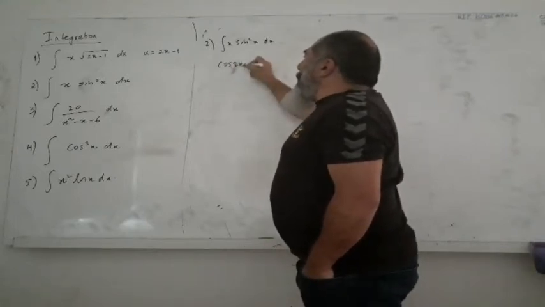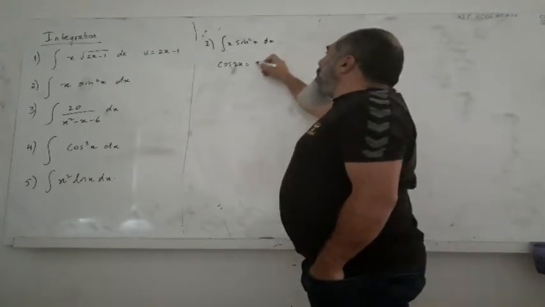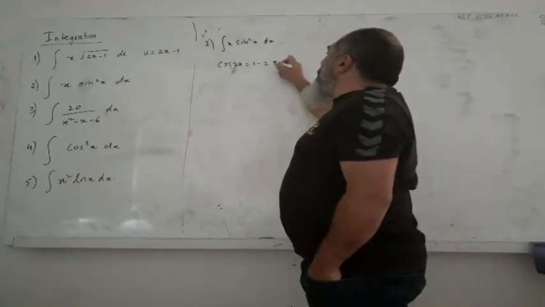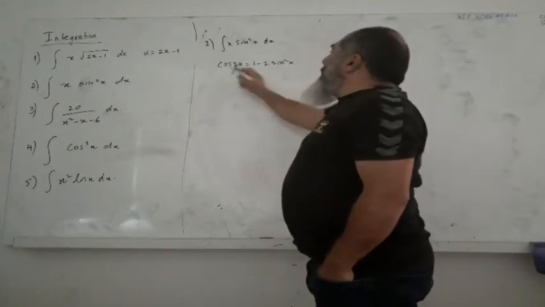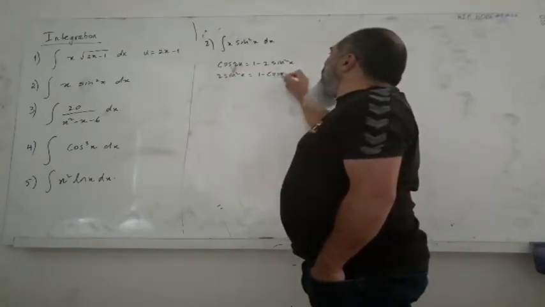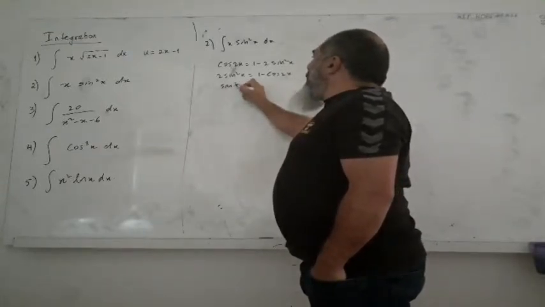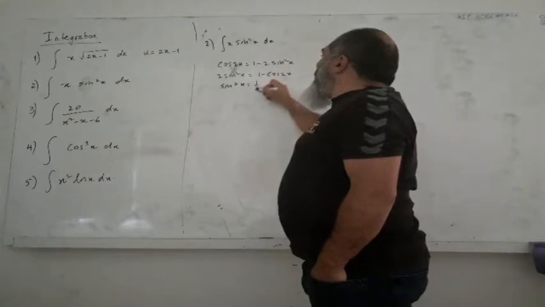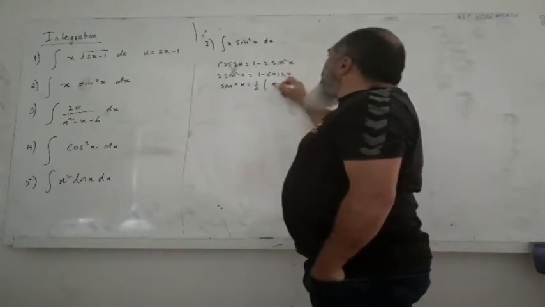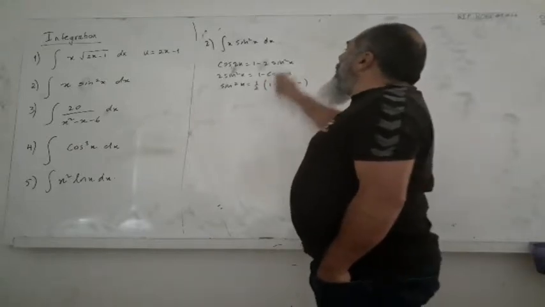Cosine 2x is equal to 1 minus 2 sine squared x. So 2 sine squared x is equal to 1 minus cosine 2x. So sine squared x is equal to 1 over 2 times 1 minus cosine 2x, and substitute the equivalent of sine squared x there in the integration.